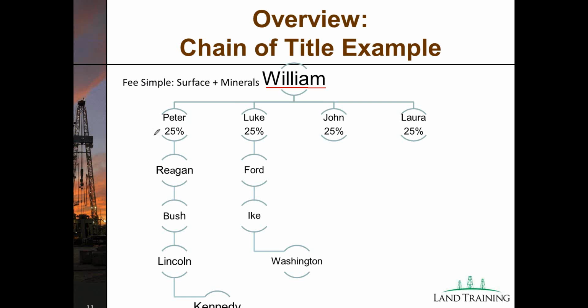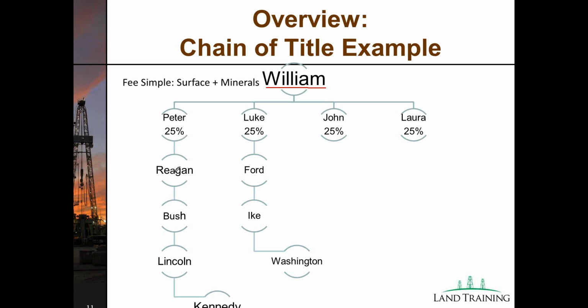When he died, he leaves 4 children, and his property passes to his children in equal amounts. Let's say he left a will. And so Peter gets 25%, Luke gets 25%, John gets 25%, and Laura, my grandmother, gets 25%. All right. So what happens then is Peter decides, well, he's going to convey his 25% interest to Reagan.